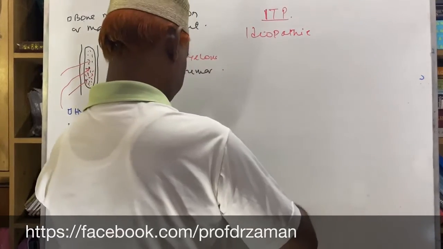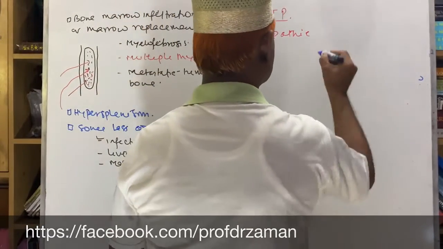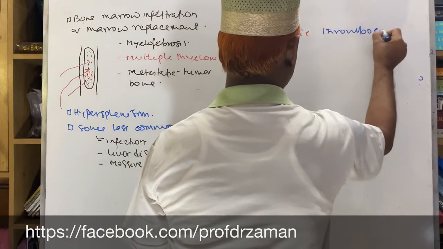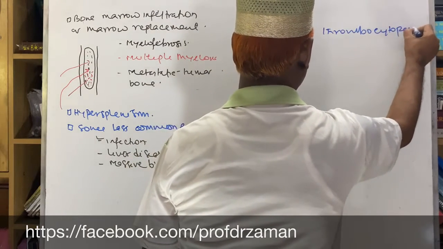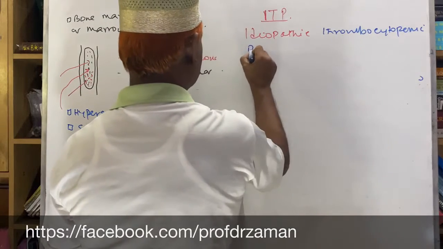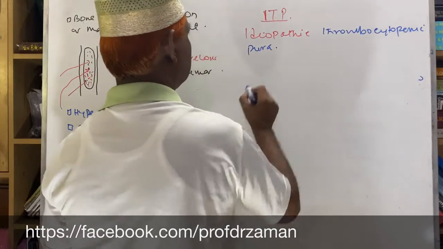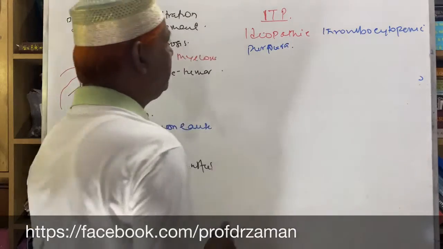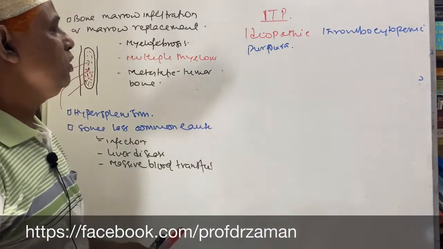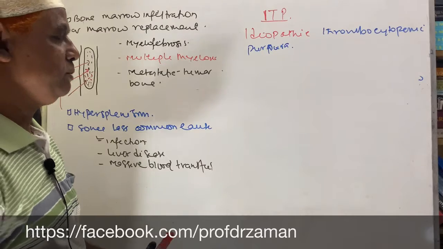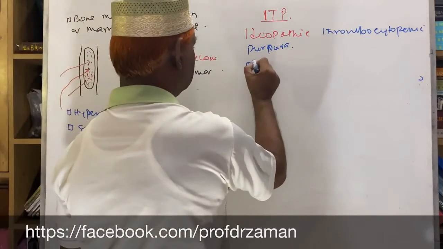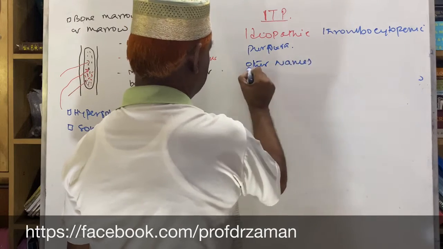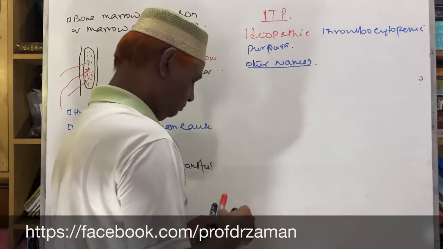What are other names of idiopathic thrombocytopenic purpura? Other names of ITP.